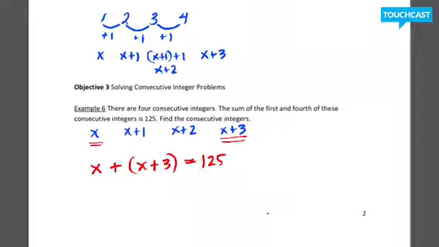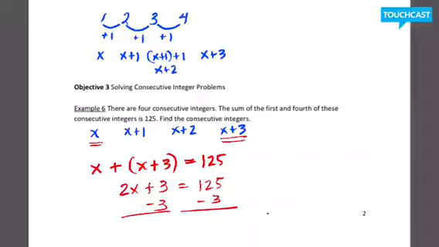Find the consecutive integers. So what I really want to do is solve for x so I can find out what those 4 consecutive integers are. So I'm going to do some math here. I've got x plus x is 2x plus 3 equals 125. Now I subtract 3 from each side. I'm getting 2x equals 122.